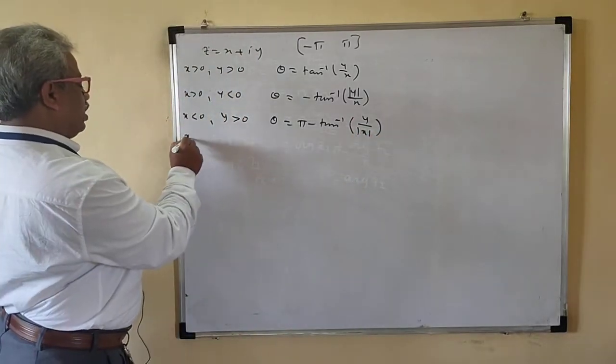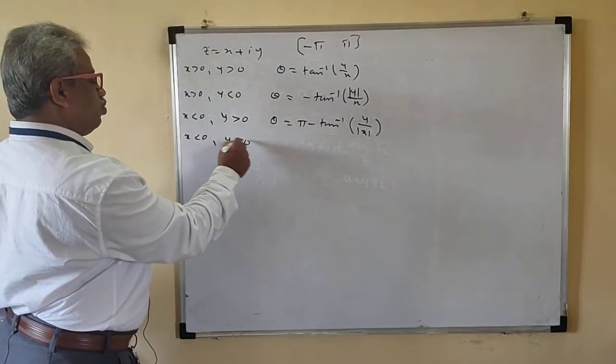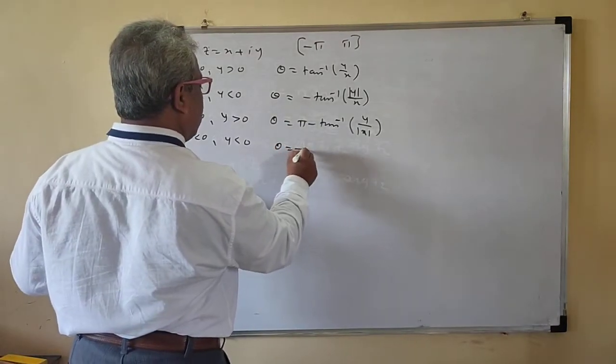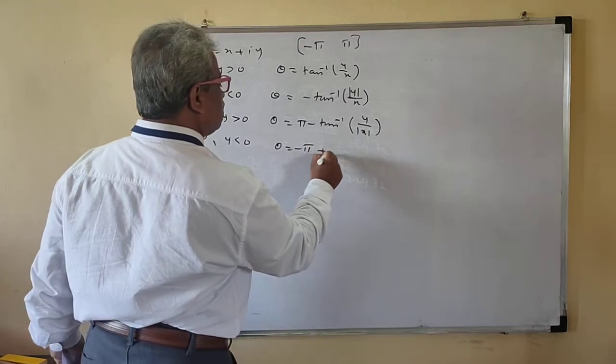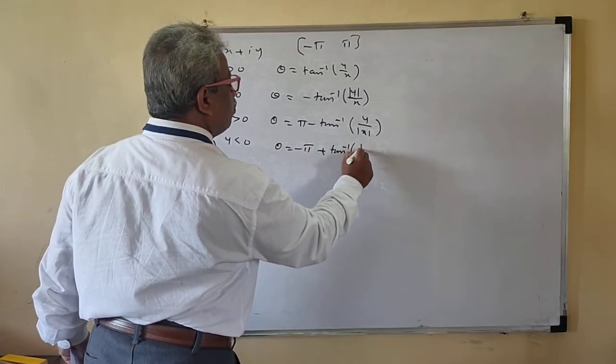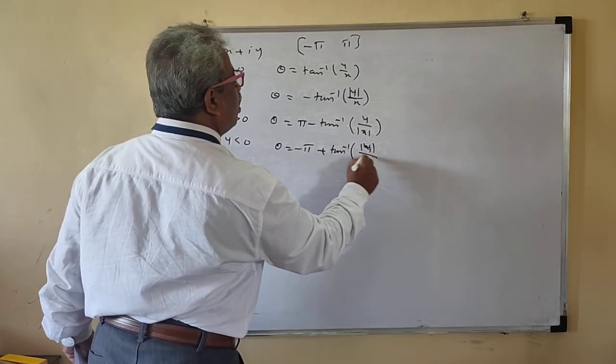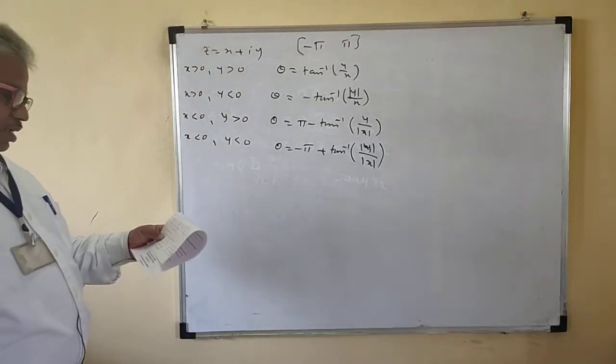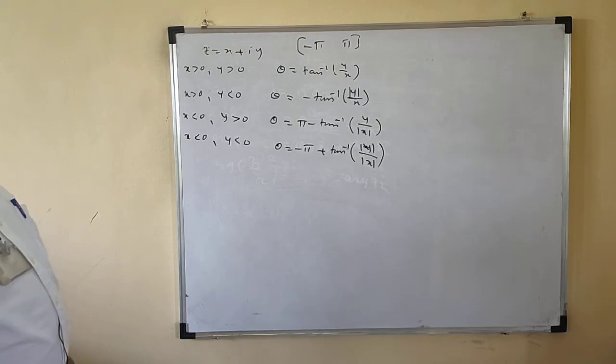Now if both are negative, then theta is minus pi plus tan inverse of mod Y upon mod X. Okay, so these are the formulae to find the argument.